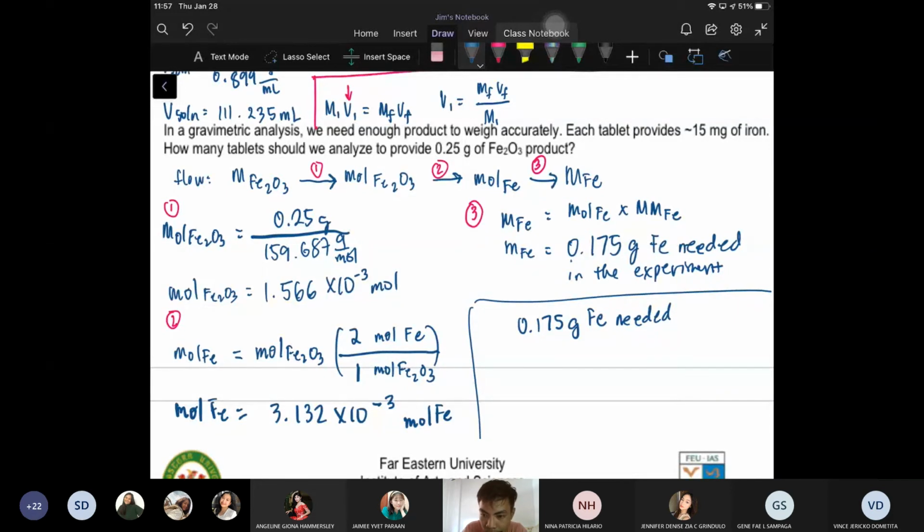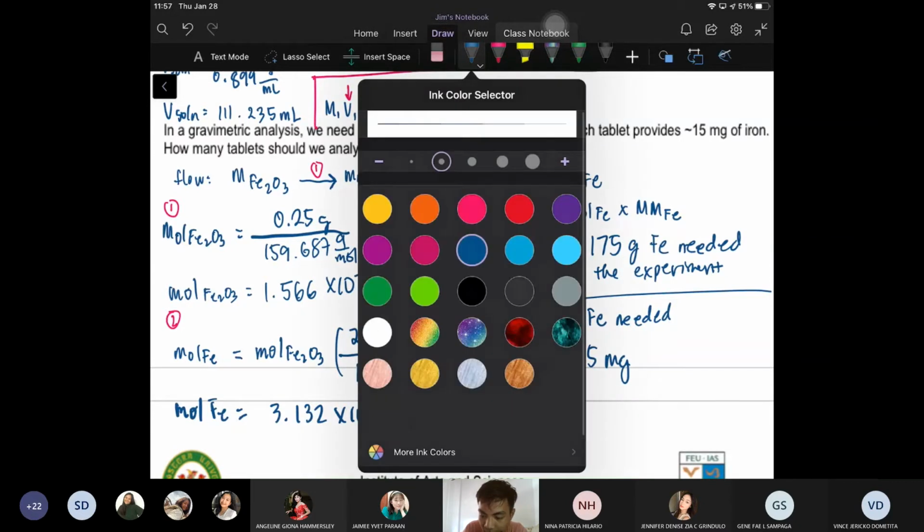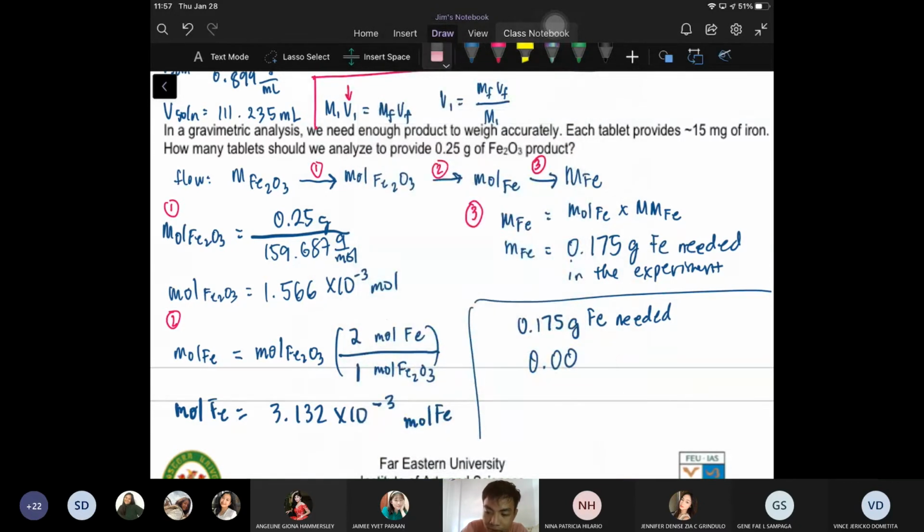So, 15 divided by 1,000, 0.015. Ay, ba't milligram? Sobra pala ako ng 0. 0.015 grams Fe per tablet. Okay? So, ito yung dalawang given na natin.